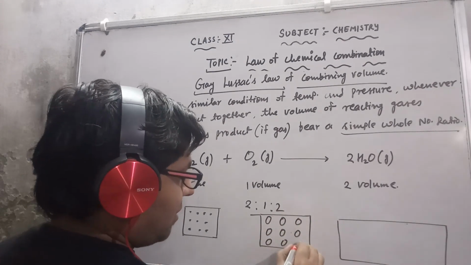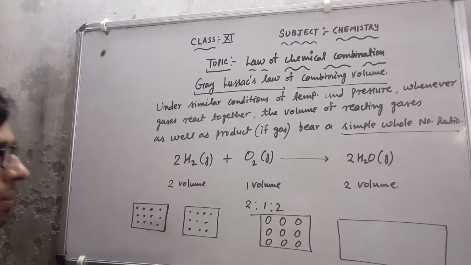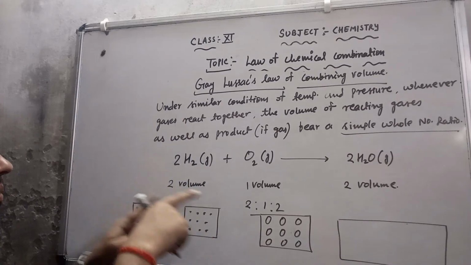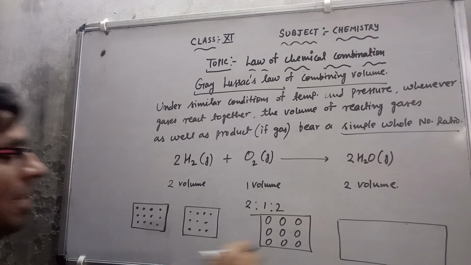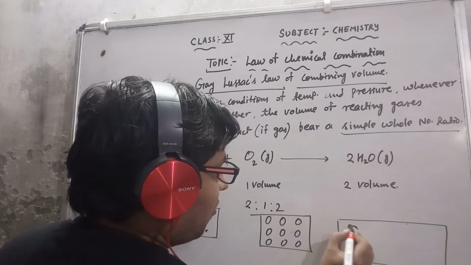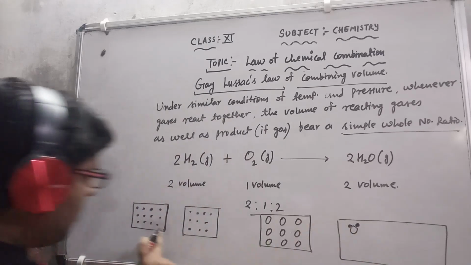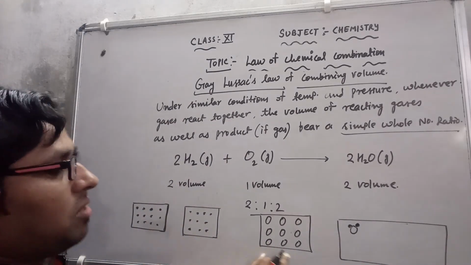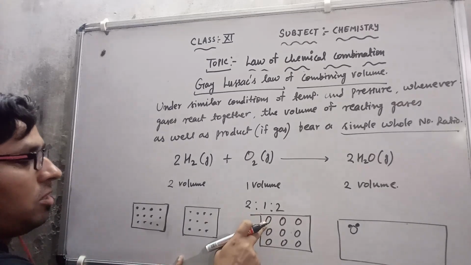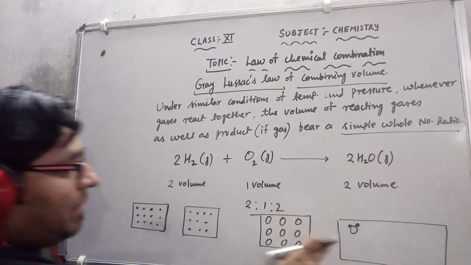Whenever they combine, on 1 volume of oxygen, 2 volumes of hydrogen will be attached. So 1 atom of oxygen is combined with 2 atoms of hydrogen, in this way.